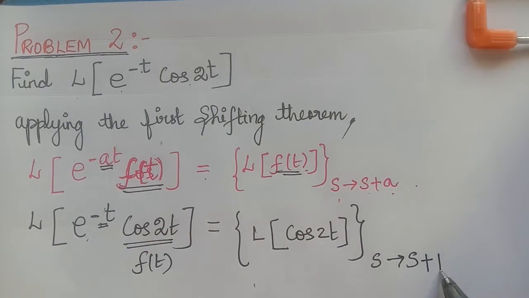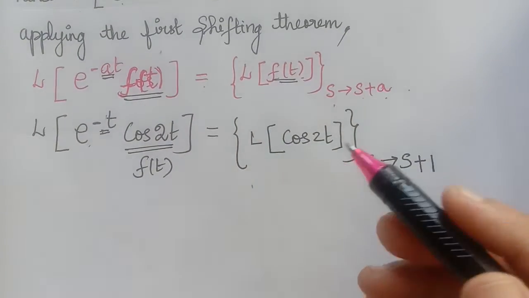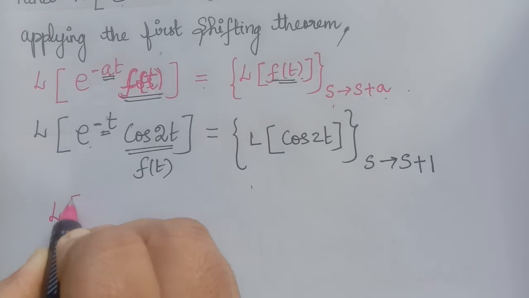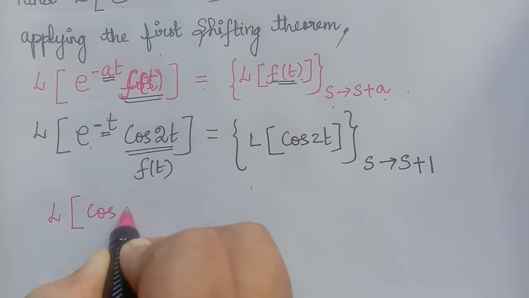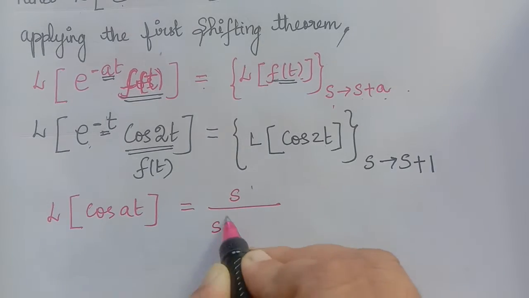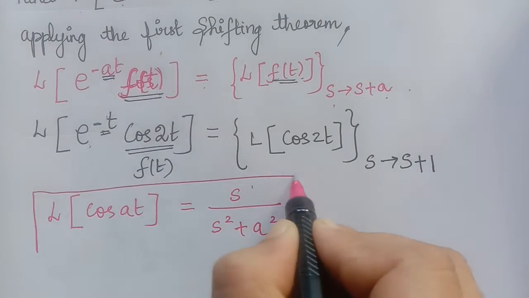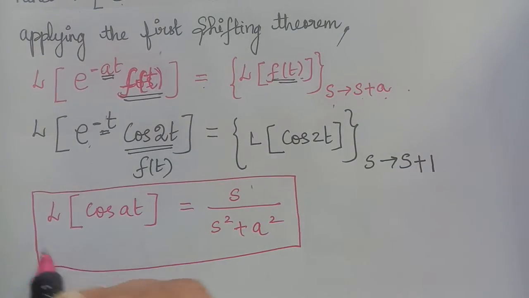So s plus 1. Now in order to find L of cos 2t, we should know the formula for L of cos at, which is equal to s divided by s square plus a square. We have previously derived this result, so we will make use of it now.